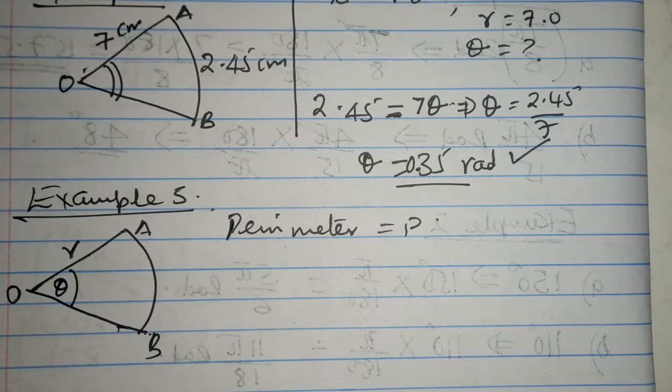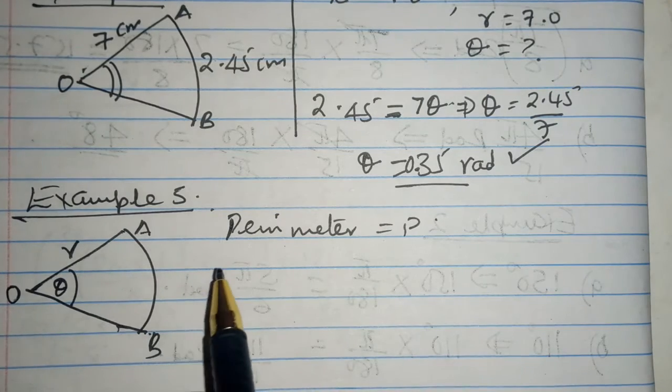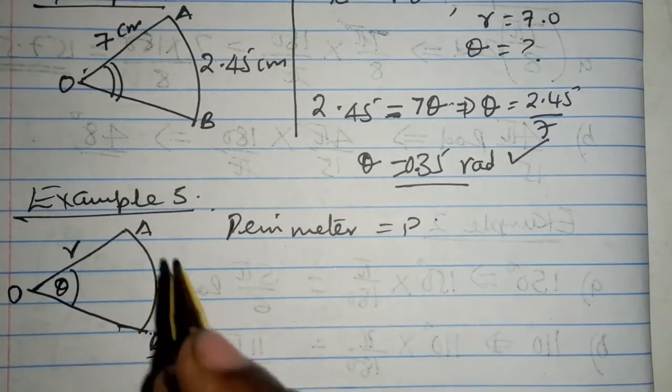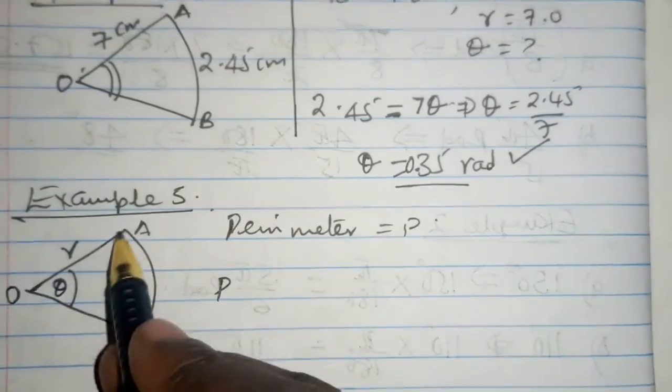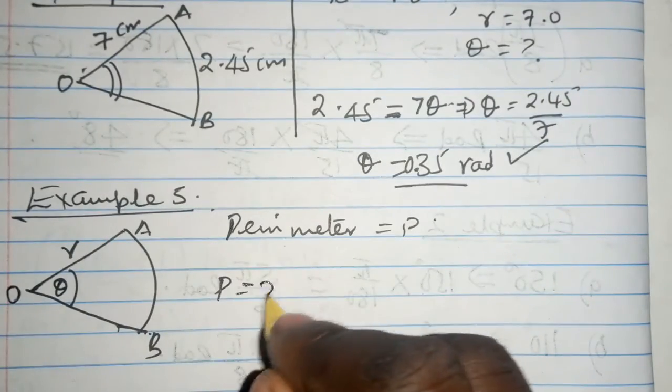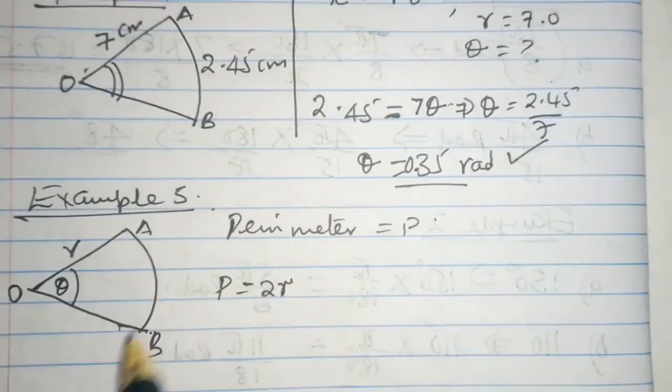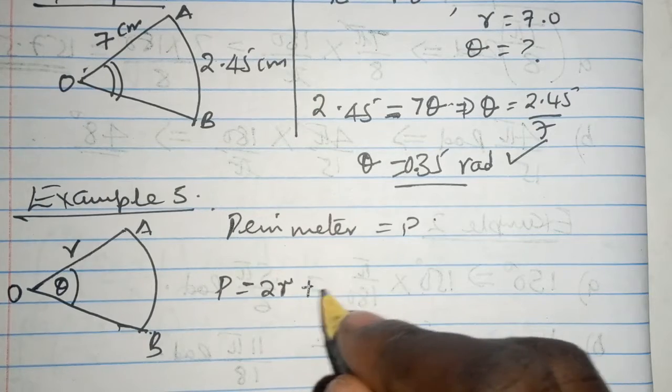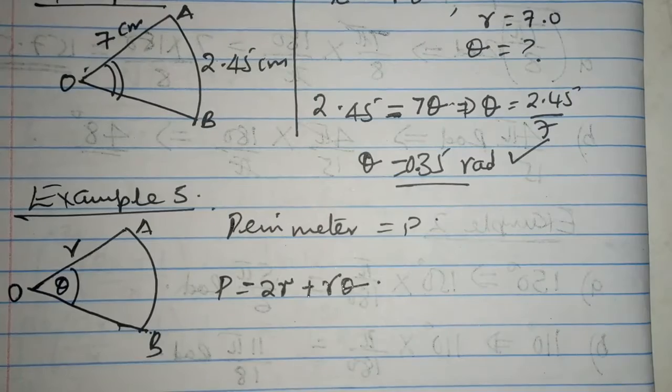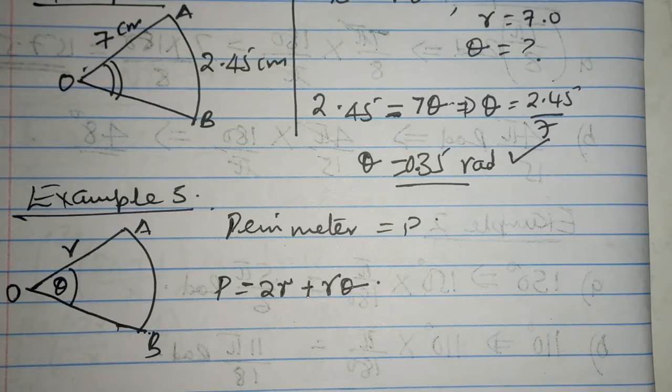Of course, it is important to note that the perimeter comprises this R plus this R, which is 2R, and the arc length, which is R theta. Now we have P equals R theta plus 2R. We are supposed to express R in terms of P and theta.